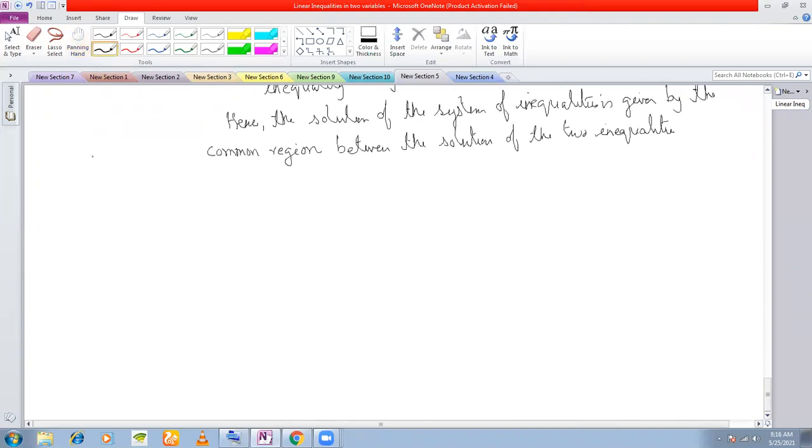So the next problem from the set that I gave you was: solve the system x minus 3y less than or equal to 6 and x minus 3y greater than minus 6.